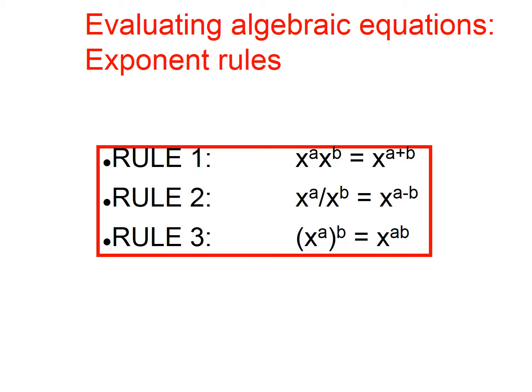If you've got x raised to the power of something times x raised to the power of something else, if you're timesing those x's together, you add the exponents. If you're dividing them, you subtract the exponents, and if you're raising an exponent to another exponent, you times the exponents together. Okay, that's fairly simple stuff.